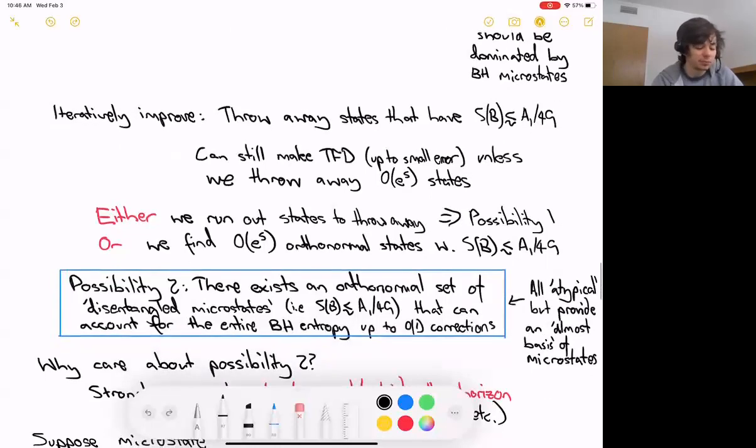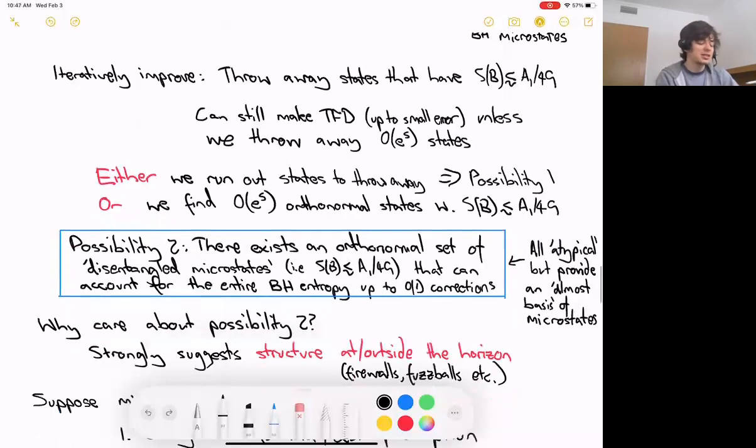Okay. So the other possibility is that we just keep finding them and keep finding them, and we do find order each of the Bekenstein-Hawking entropy different states. So then we would have found each of the S orthonormal states, every single one of which has an entropy of this region big B that's roughly less than or equal, or very close, up to an order 1 correction, maybe to A1 over 4G.